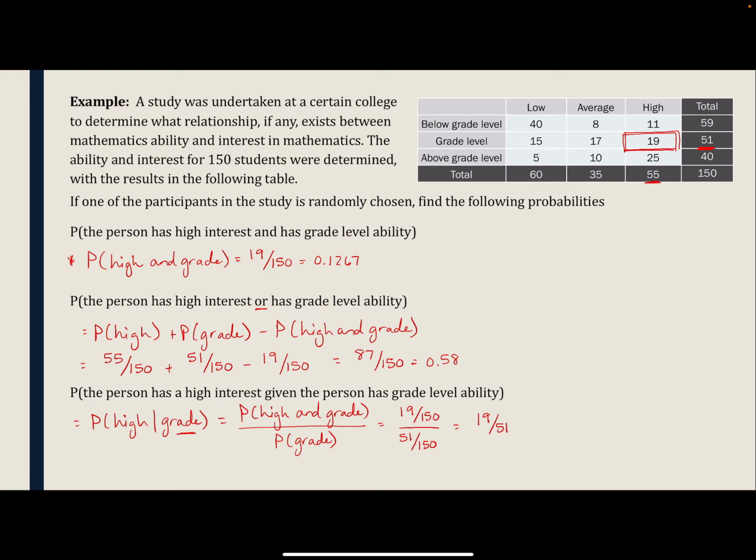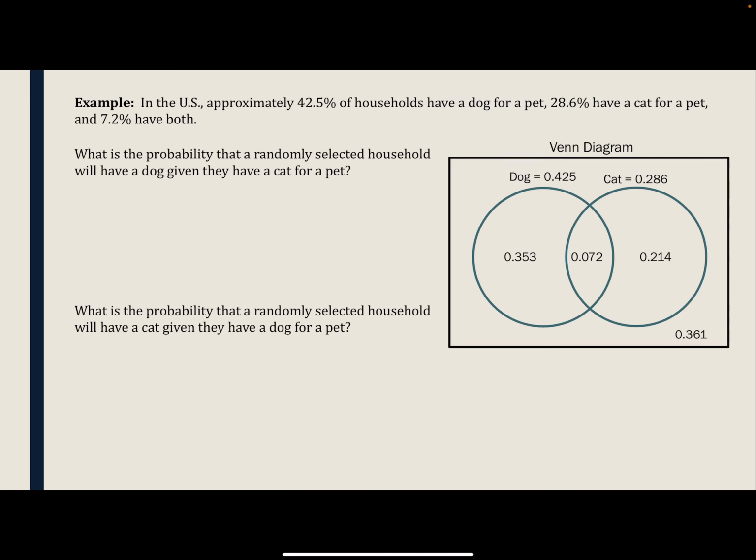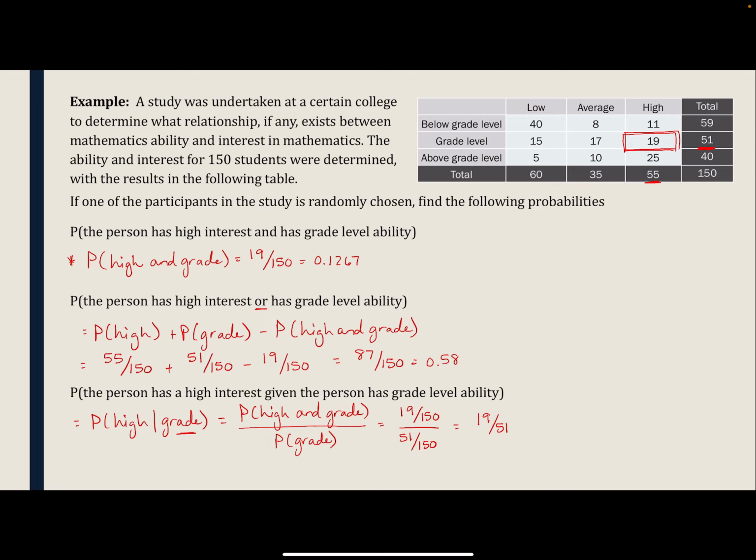I'm showing you using the formula, but honestly, I wouldn't use the formula for this problem. I would use the same method we used in Chapter 3, which was if I know that we're given that the person is grade level ability, then I know that I'm only looking at the grade level ability row. Right? I've reduced the table down to just this row.